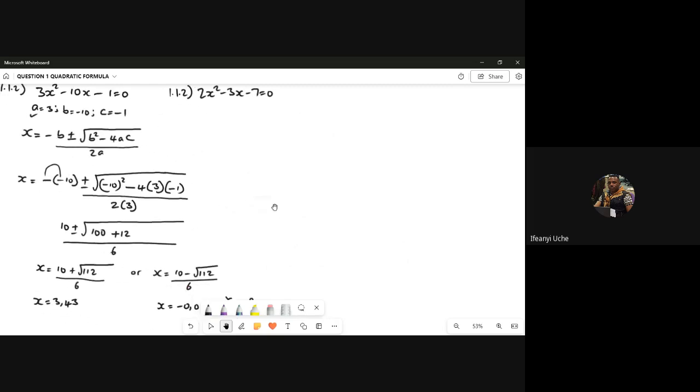If you look at the next one here on our list, we have 2x squared minus 3x minus 7, which appears basically the same or having the same features. A is equal to 2 here in this case. Then B is -3, then C is -7.